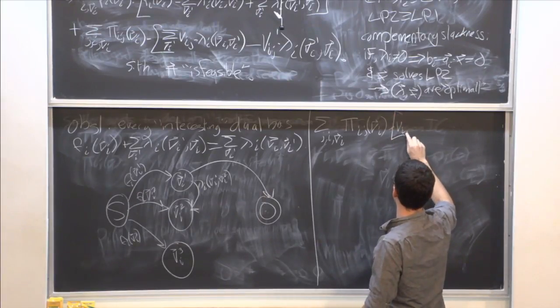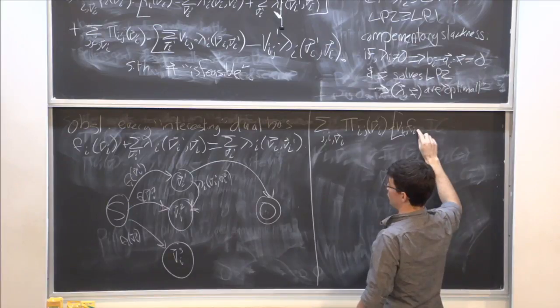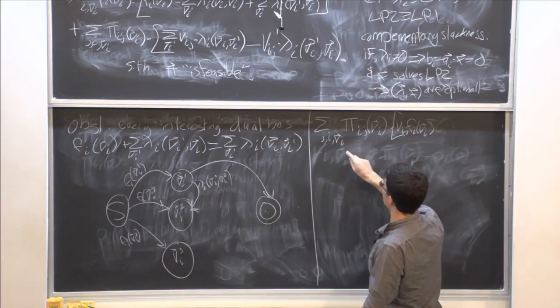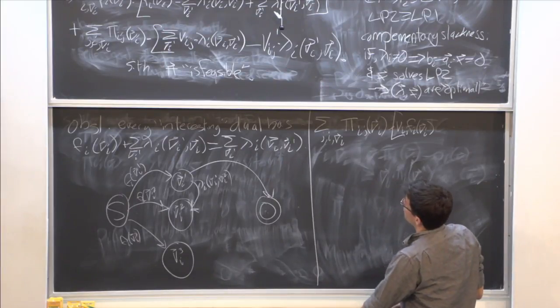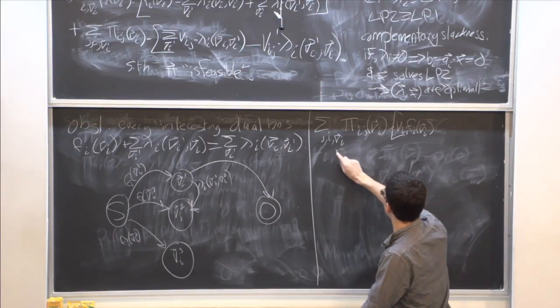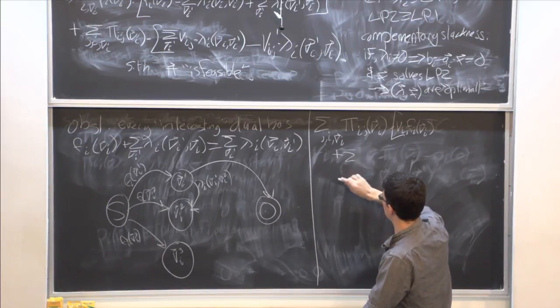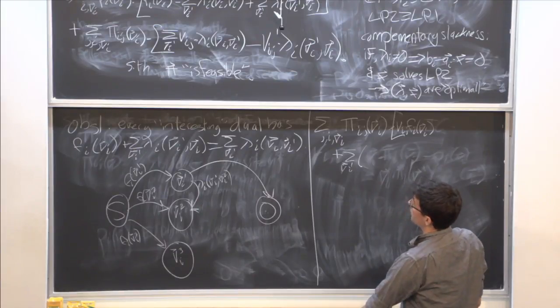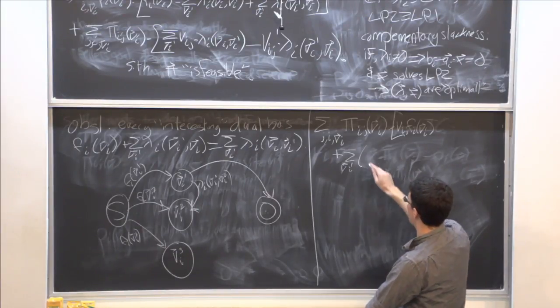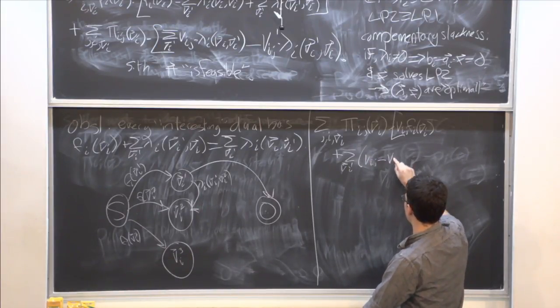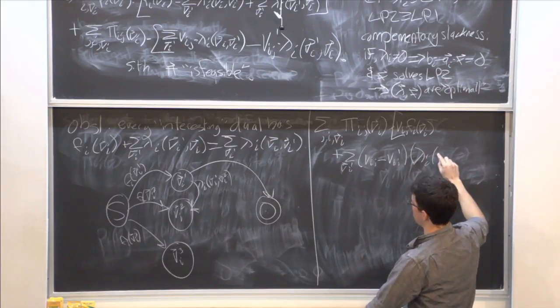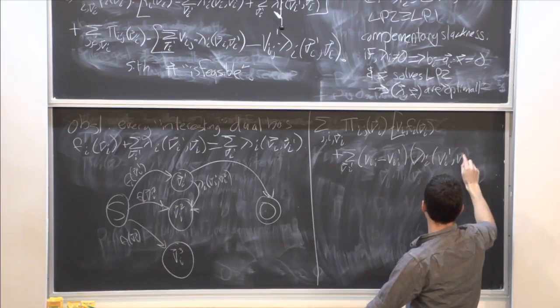vij times fi of vi. And now it's going to be plus sum over all vi prime, it is going to be vij minus vij prime of lambda i of vi prime vi.